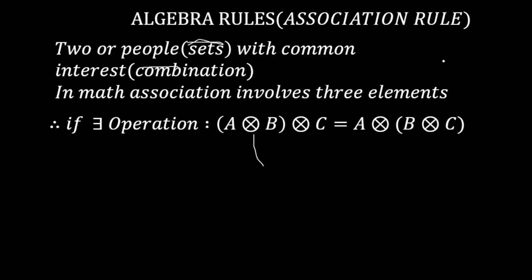So in the inverse rule, we are talking about a number that combines with its inverse to give an identity. Because in the inverse rule, we are looking at the result, and the result of the inverse rule combination is called identity.